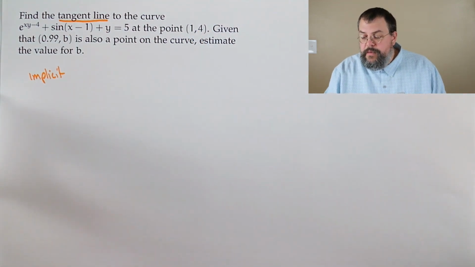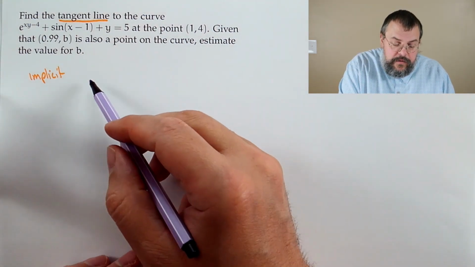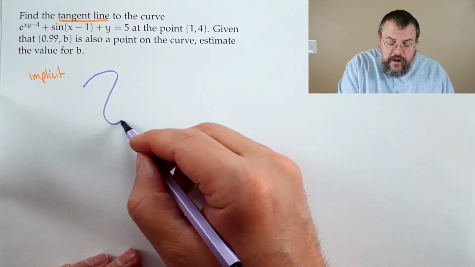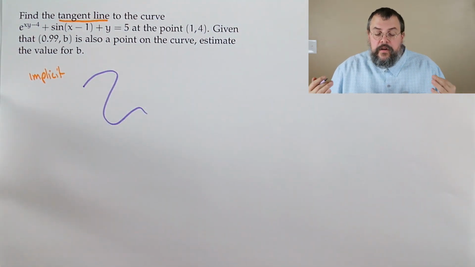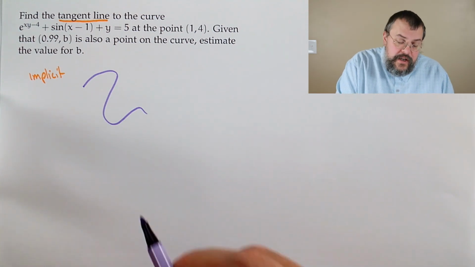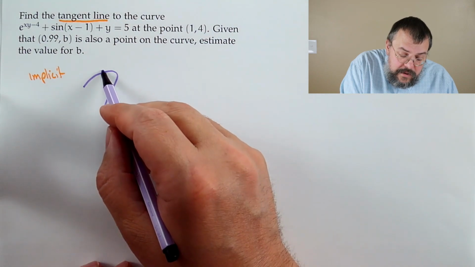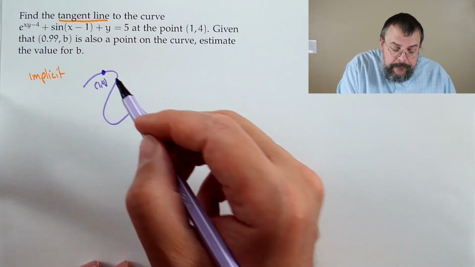Now, what should be our thought process with this problem? Well, our thought process is something along the following. We have some curve, and I can't know what it does. It's doing something, and it doesn't even have to look like a normal function. But now I say, here's this point, and it's the point 1, 4.